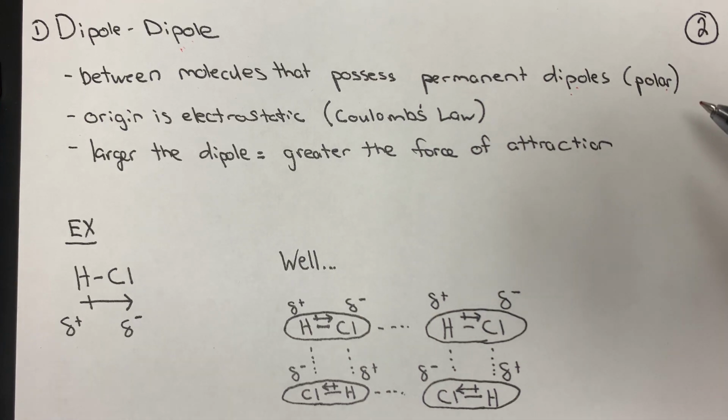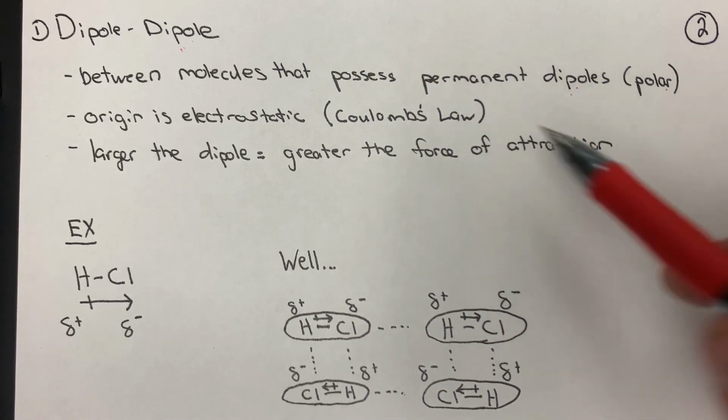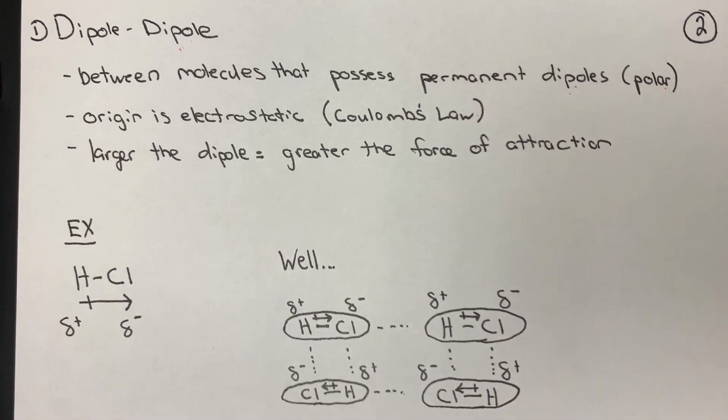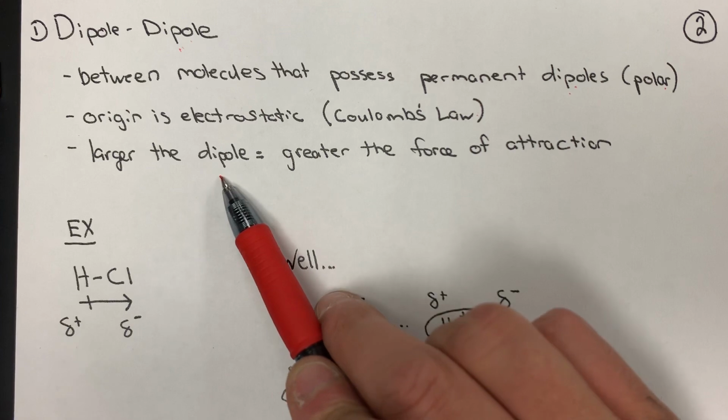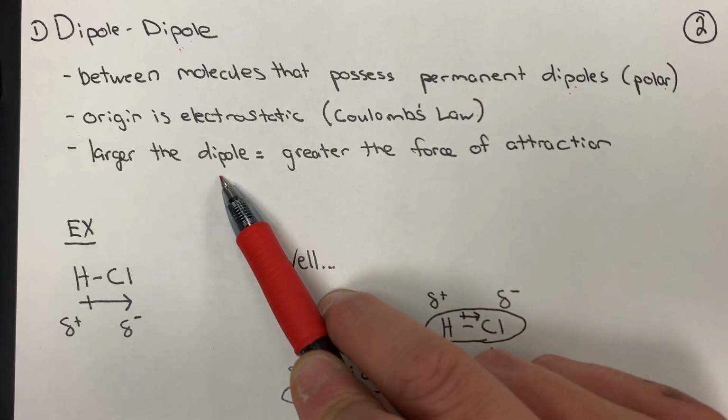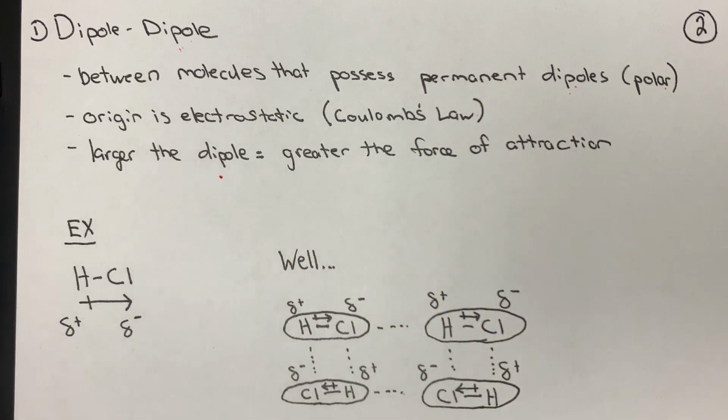The origin of the attraction is the electrostatic or electromagnetic force, as described by Coulomb's law. That being said, per Coulomb's law, when we talk about charge, or in this case, the extent of the dipole, how polar that bond is, this will dictate the force of attraction, with a larger dipole yielding a greater force of attraction.